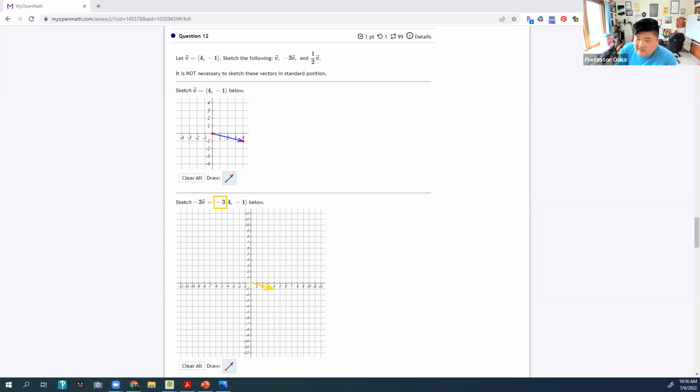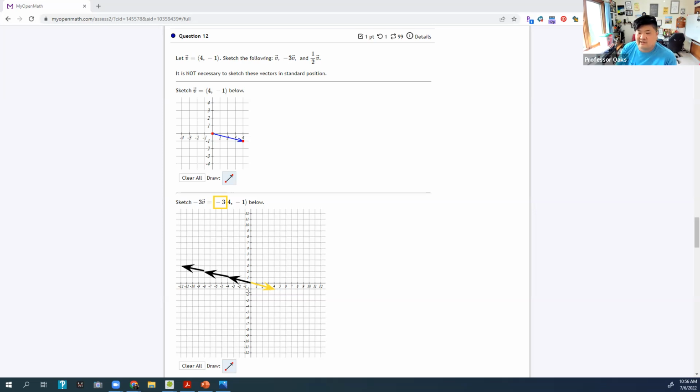But all right, so if it's -3, then I have to go in the opposite direction. So 1, and then 2, and then 3 times in the opposite direction.